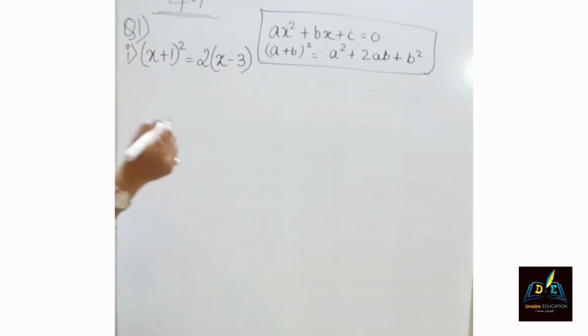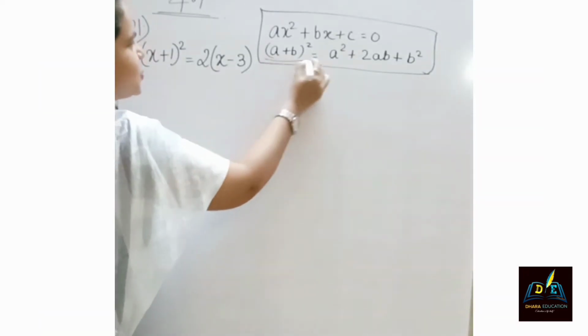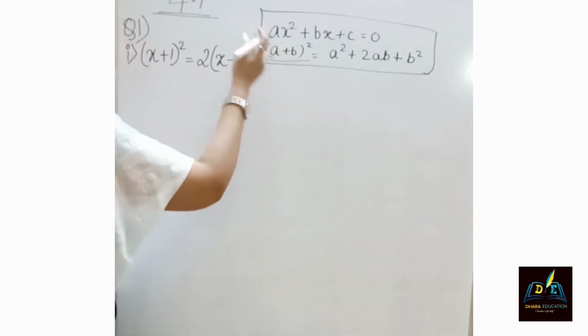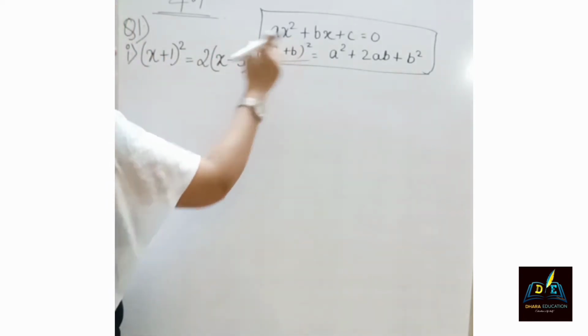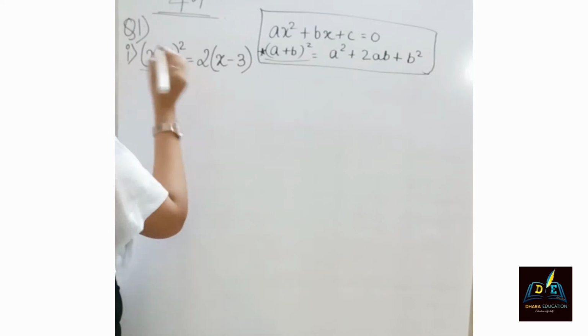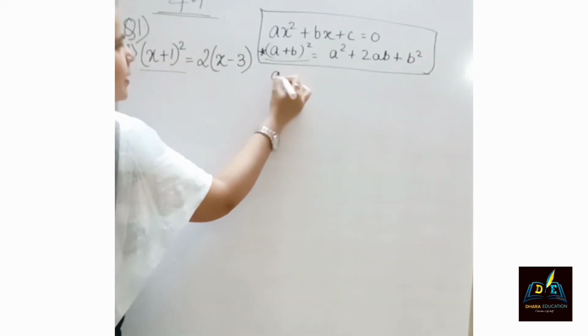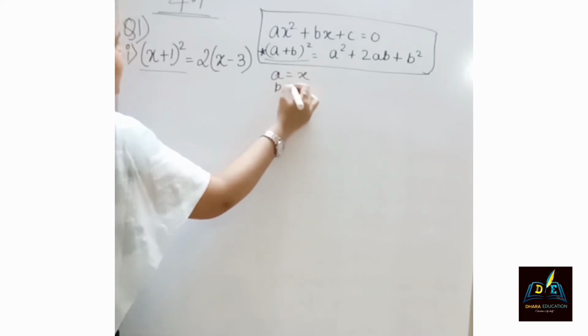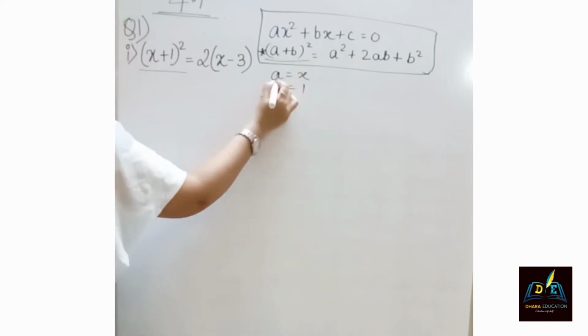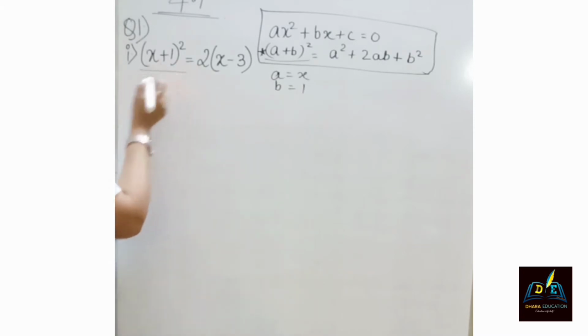Now you can see this particular formula, which I am star marking, that is (a plus b) the whole square. So we can conclude that here a is equal to x and b is equal to 1. Can you see this?